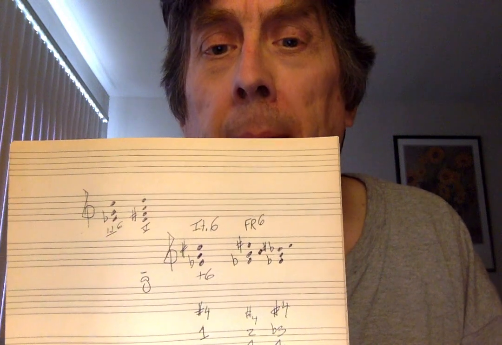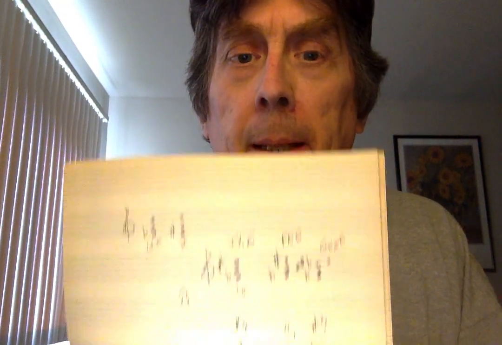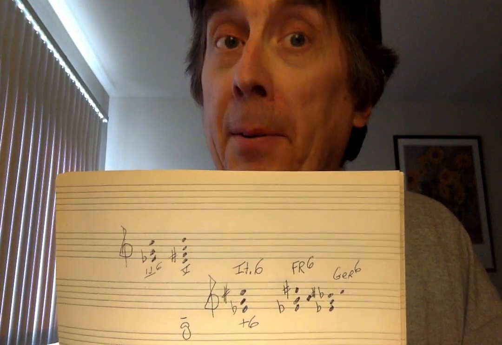It's got a little crowded, but I hope you can see that. That's known as a German 6th chord. So the flat 6, sharp 4, tonic, and the flat 3. That's the German 6th chord.